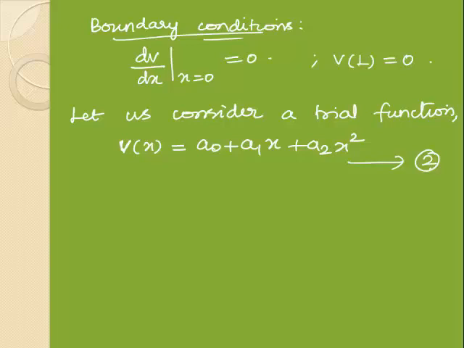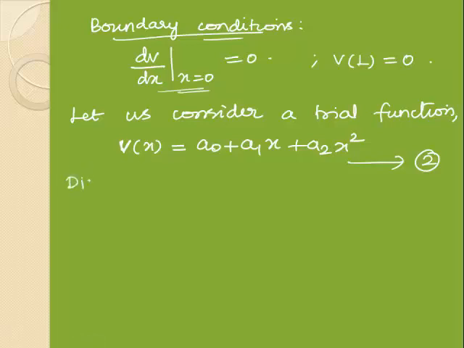For applying the first boundary condition, we have to have equation 2 in its differential form, because the first condition is of differential form, dv by dx, but in equation 2 we have the expression for v of x. So by differentiating equation 2 once with respect to x, we can directly apply the first boundary condition.